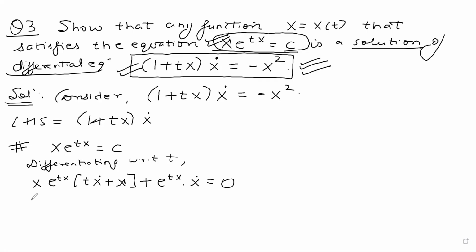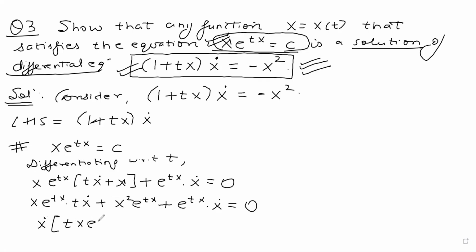So basically I could have got x e to the power tx times t x dot plus x square e to the power tx, I'm opening up brackets right now, plus e to the power tx times x dot equal to 0. I would have taken x dot common, so we get (tx e to the power tx plus e to the power tx) x dot equals minus x square e to the power tx.